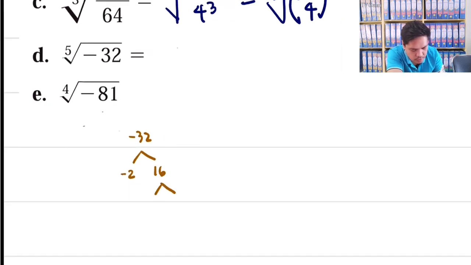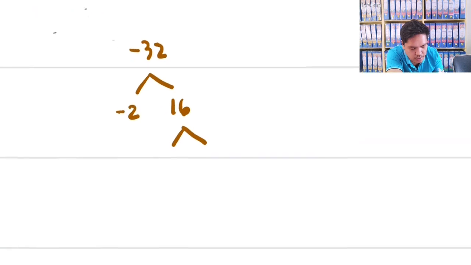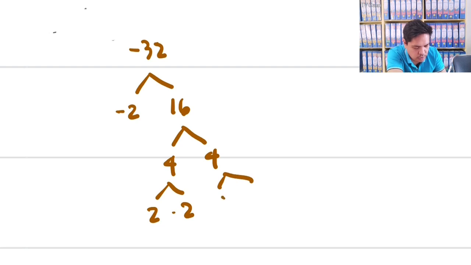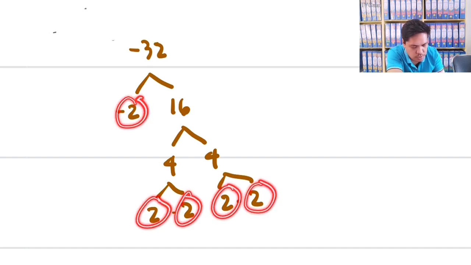Okay. And 16 is 4 times 4. And 4 times 4 is 2 times 2. This is also 2 times 2. So that is 2 times 2 times 2 times 2 times 2. So, 2 raised to 5.